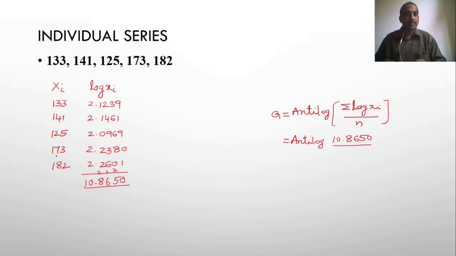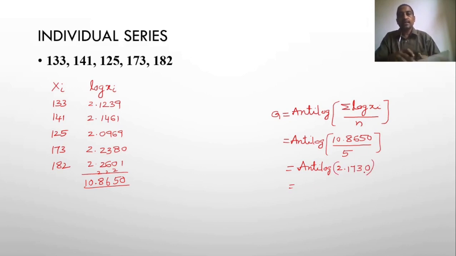How many observations are there? Five. Dividing, we get anti-log of 2.1730. So you can go to the anti-logarithmic tables.